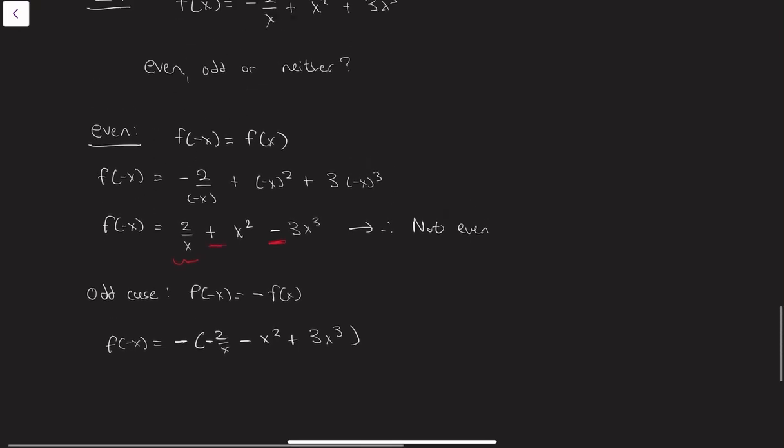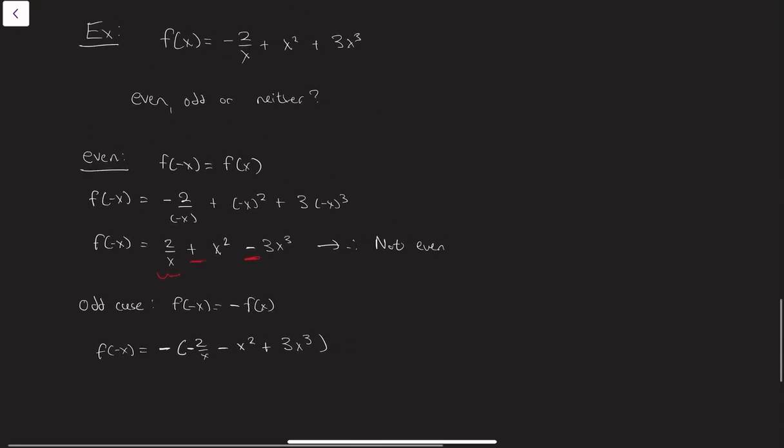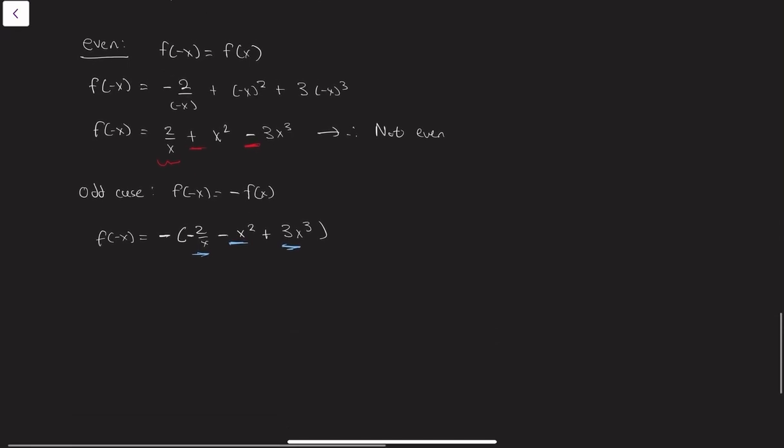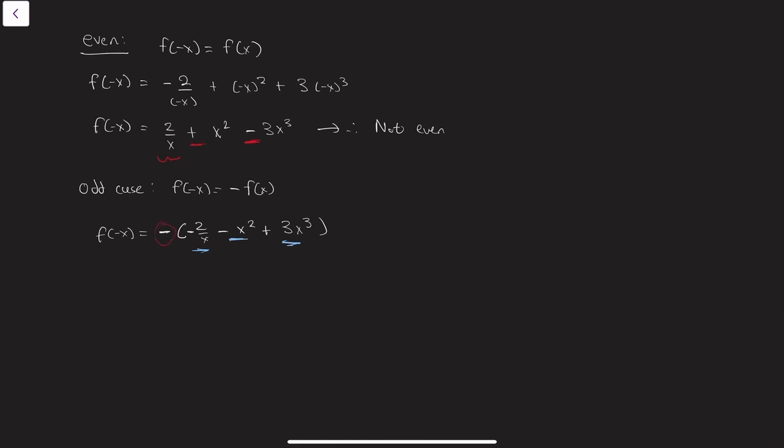Now let's compare that to the original function. These two terms are the same, but these two terms are not the same, whilst these two terms are the same. Because not all the terms are the same when we pull out this negative sign, we can say that we do not have an odd function. Not odd.